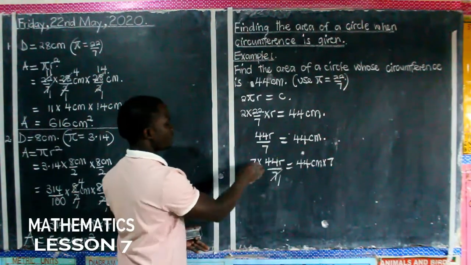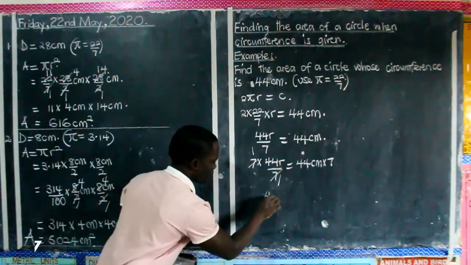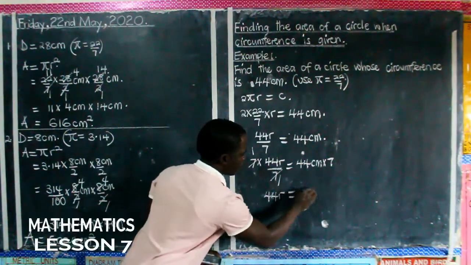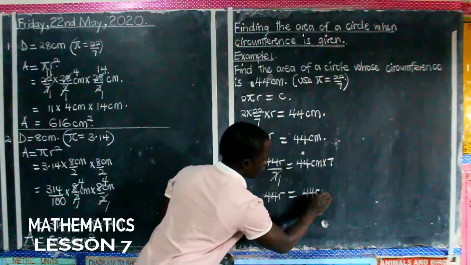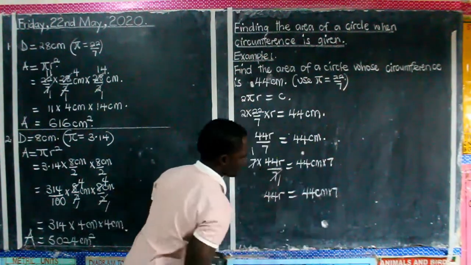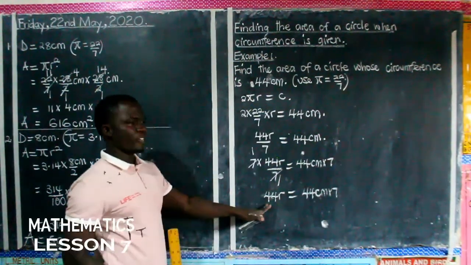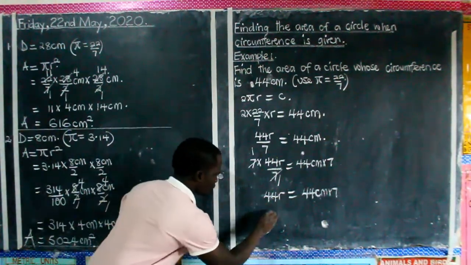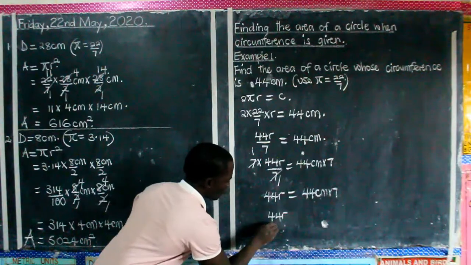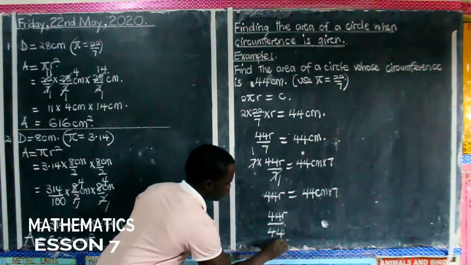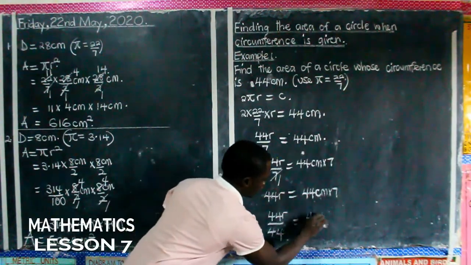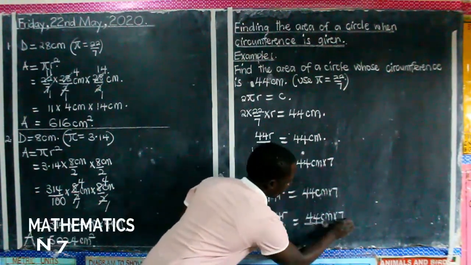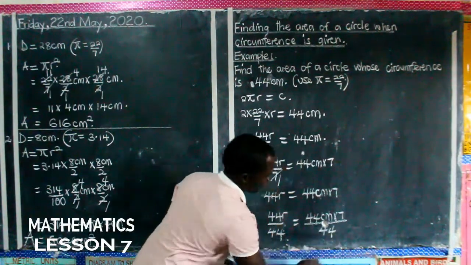By 7 once, by 7 once, so we shall have here 44r equals 44 centimeters times 7. Divide again both sides by 44. So this is 44r out of 44 equals 44 centimeters times 7 out of 44.